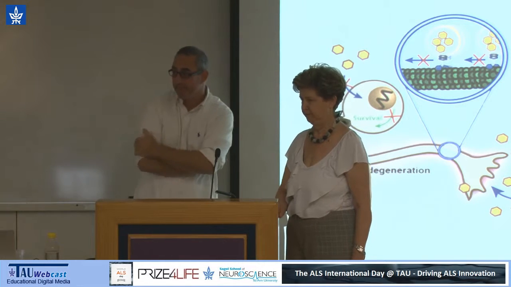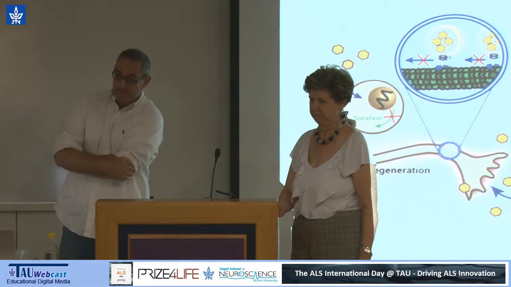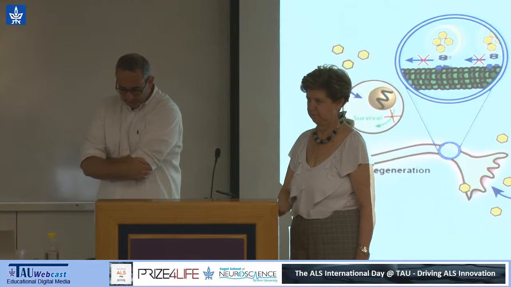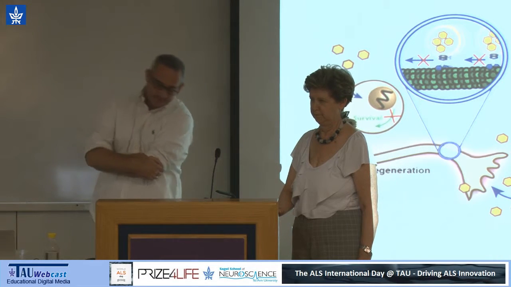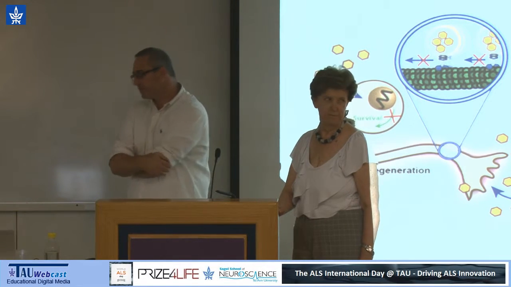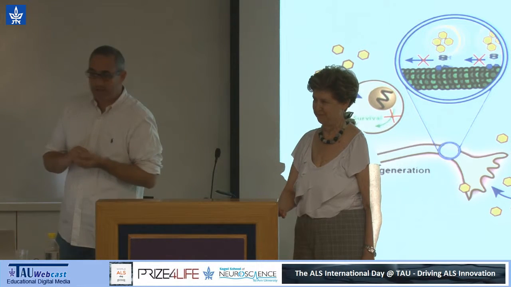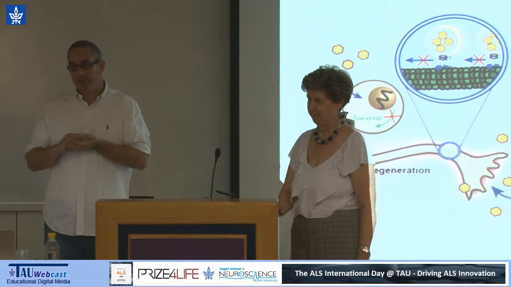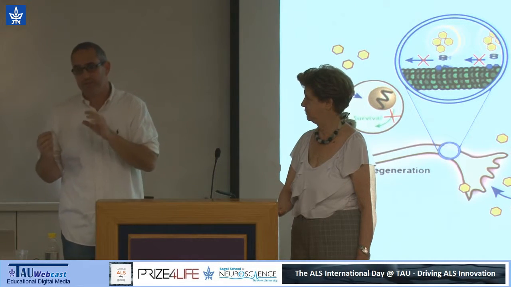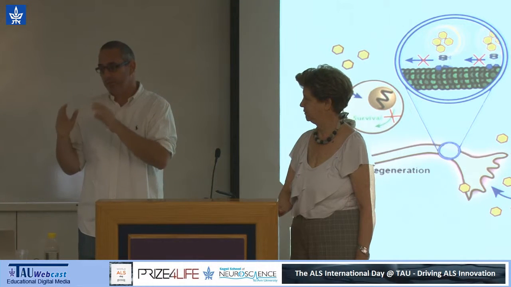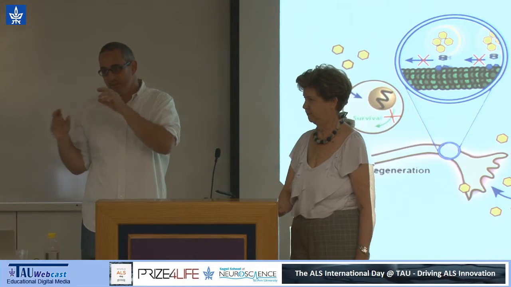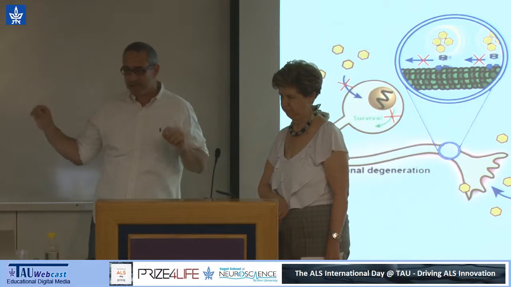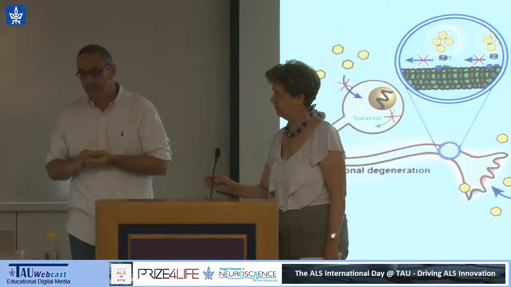Yes, Miguel. So, Eran, do you think ALS is triggered by the periphery, the muscle telling the neurons to die, or which environment affects which? Yeah, so I don't know. This is the question. I think that there is now a lot of evidence suggesting that the peripheral compartment is first to fall. But whether it is because of alteration in the soma or a local change in the synapse, this is something that needs to be determined.